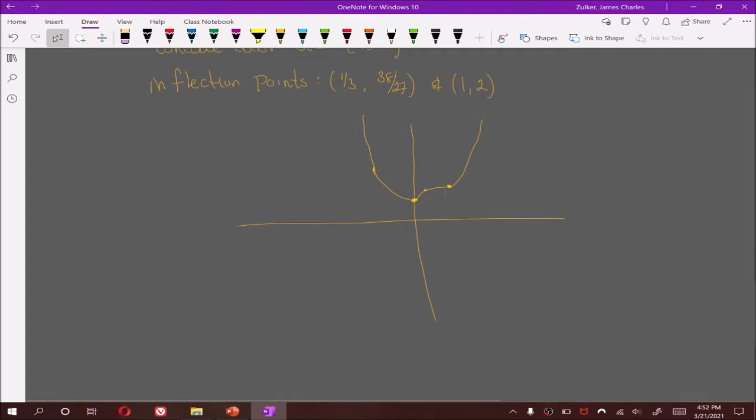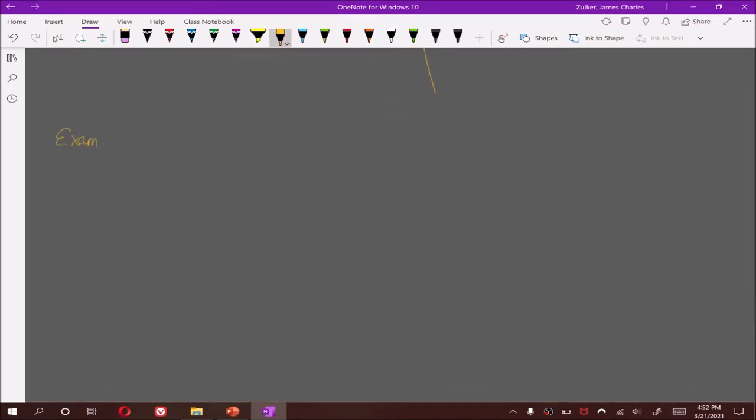Now for our second example. Let's look at the function f of x equals x squared over 1 minus x squared.